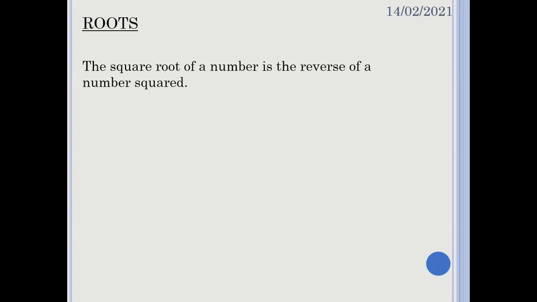Now, do we want to reverse it? So we've got this thing called square roots, and the square root of a number is the reverse of a number squared. Square root is the opposite of squaring. So what you need to ask yourself at this point is, what number multiplied by itself gives me the answer I've got just now.